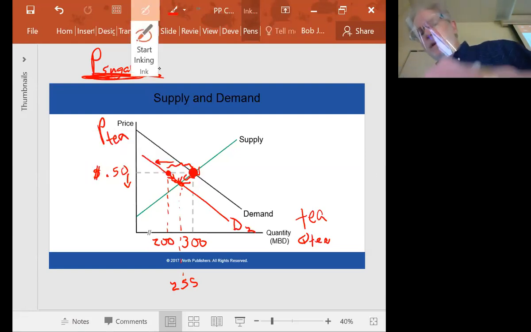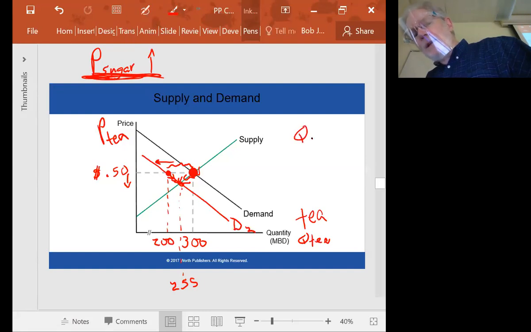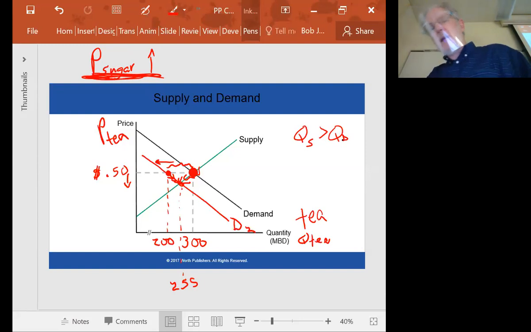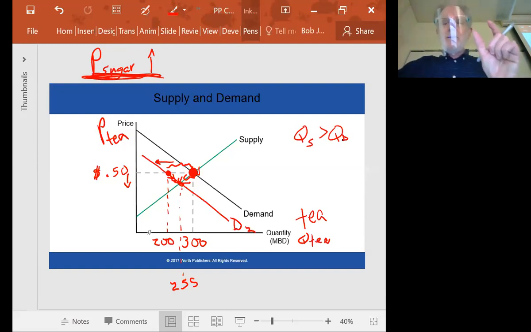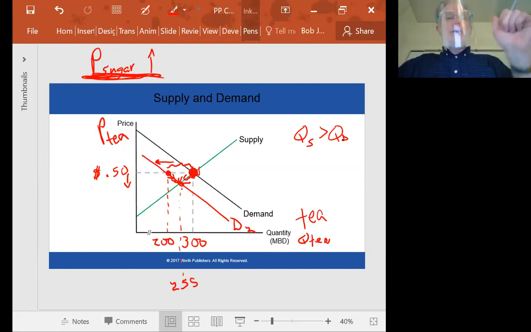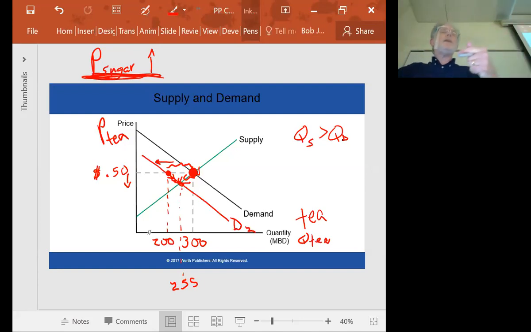To have a surplus simply means the quantity supplied is greater than the quantity demanded. And the amount of the surplus will just be the difference between those two quantities. And if you're talking about a surplus or a shortage, you have to be talking about what's going to happen at a particular price. So you focus on what's happening at that price and you ignore everything else.